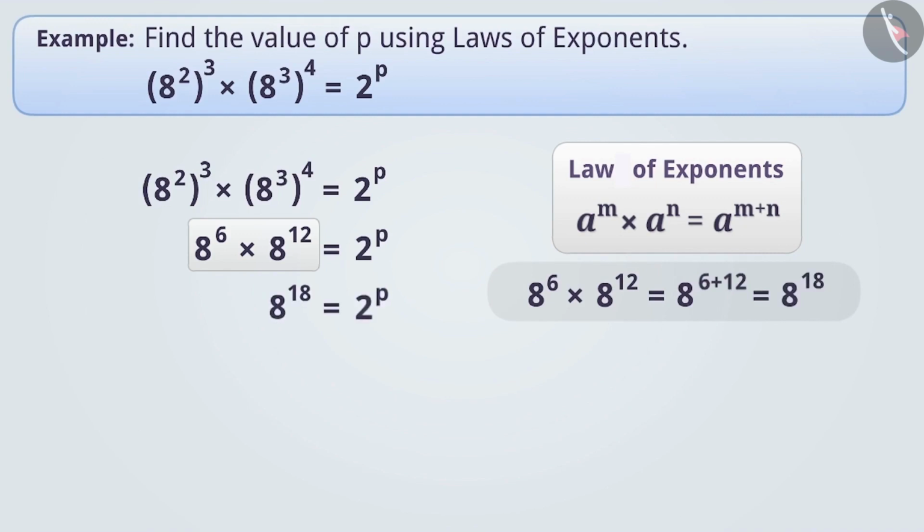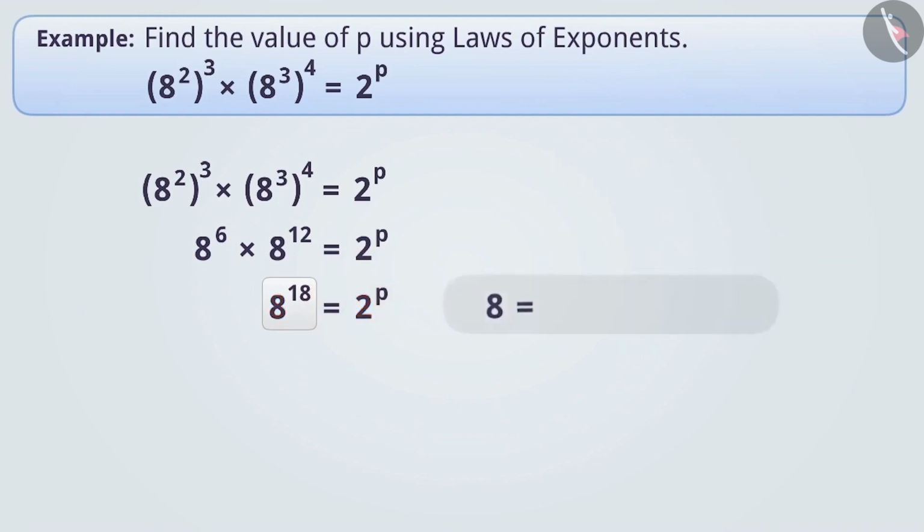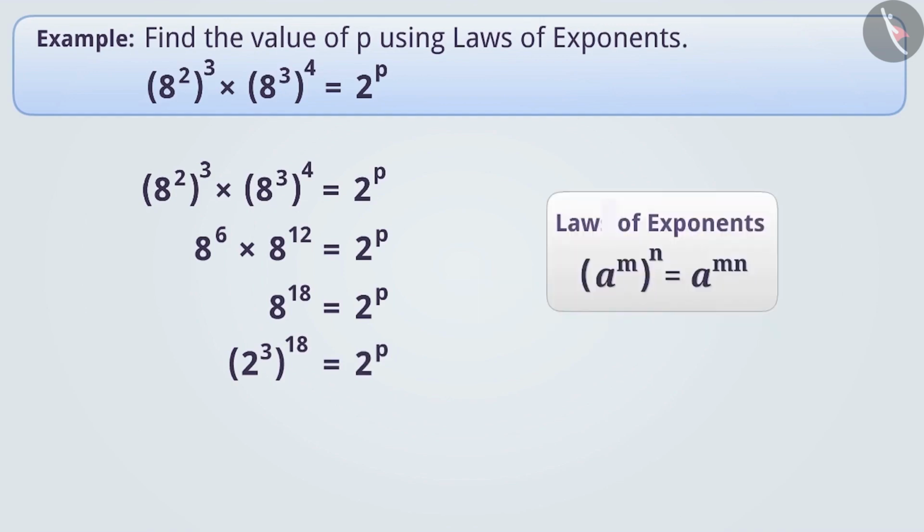Now, we see that the base is 8 on the left side and 2 on the right side. To make the bases equal on both sides, we will express 8 as 2 into 2 into 2, which is equal to 2 to the power of 3. In this way, we can express 8 to the power of 18 as 2 cubed to the power of 18. Here again, we will use the law a to the power of m to the power of n is equal to a to the power of mn.